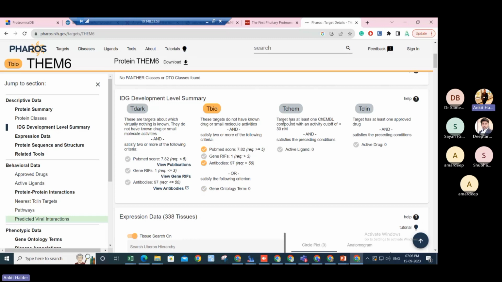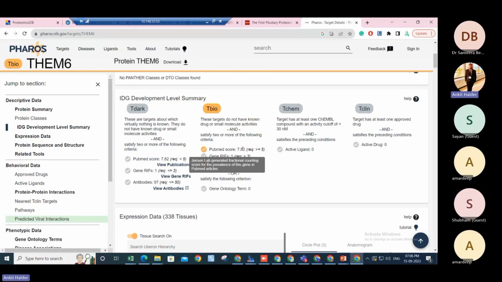If you are asked to divide proteins into different levels, one way of classification is at the PE level, that is protein evidence at the transcript level or at the protein level. Another is T bio, T chem and T clinical. T chem is where the target has at least one chemical compound with an activity of less than 30 nanomolar.